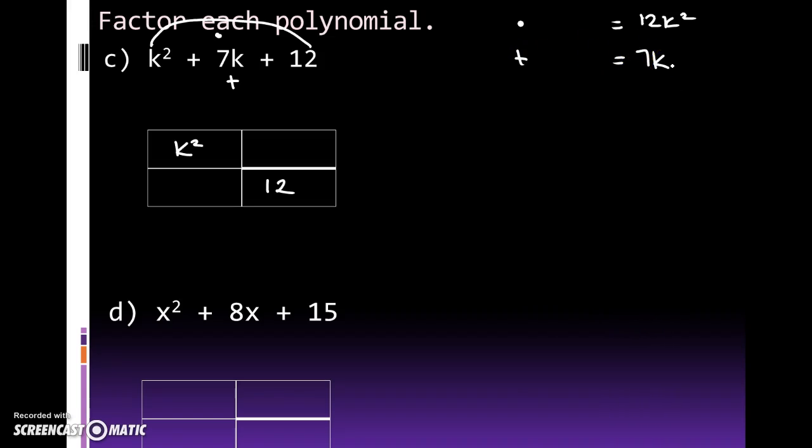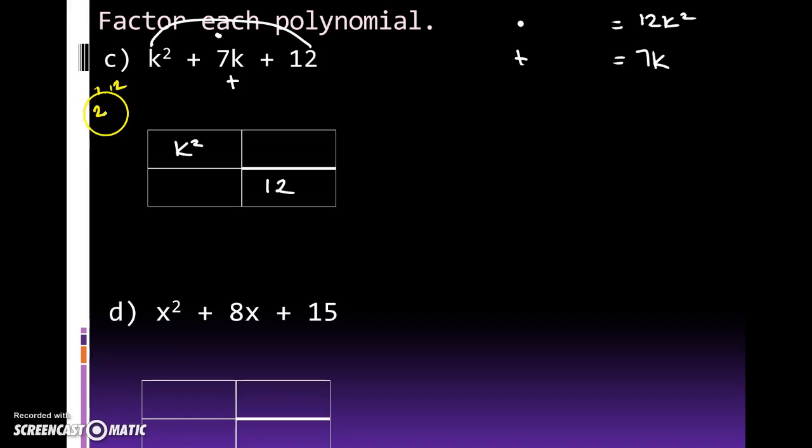Then in your head, you're going through a list of factors, and I'm only writing these down so that you can see what's in my head and hopefully not get too frightened while you're in there. So, numbers that multiply to give me 12. Well, in my mind, I'm thinking 1 times 12 is 12, but 1 plus 12 is not 7.